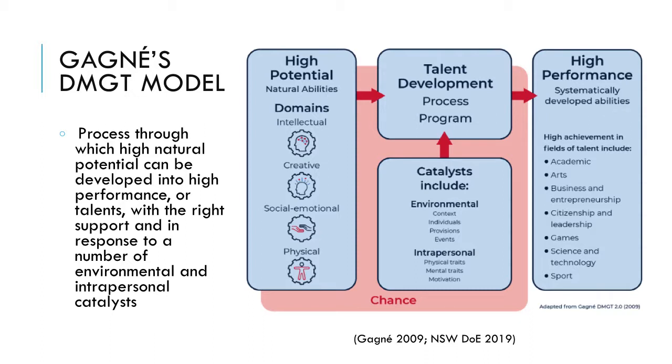We can control some of the environmental catalysts by doing things such as providing challenging but appropriate content curriculum. And we can provide support to our students to combat effects of intrapersonal catalysts, such as giving them emotional support and providing them with effective strategies to use when faced with problems.